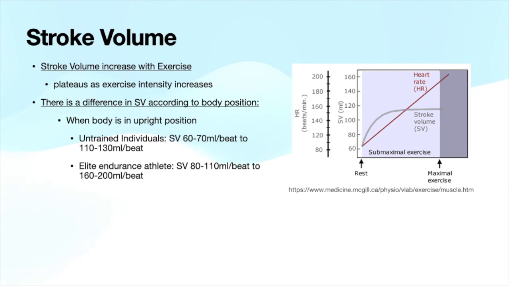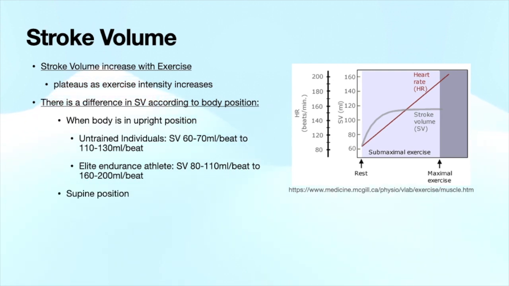These values are higher when you are an elite endurance athlete. So stroke volume can start at 80 to 110 milliliters per beat, and then could go as high as 200 milliliters per beat when exercising.